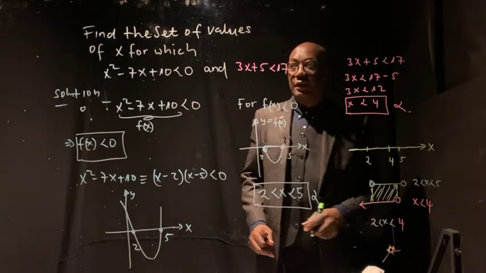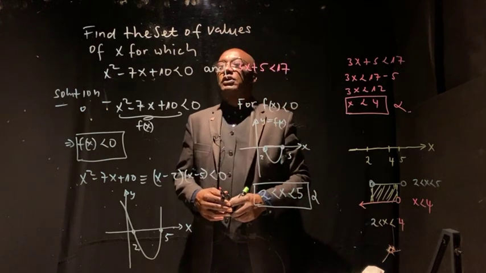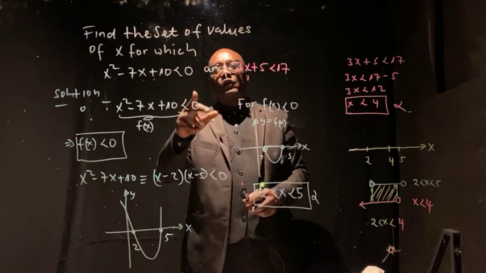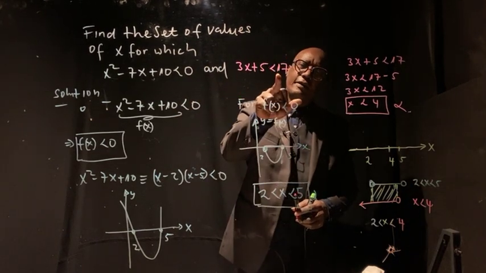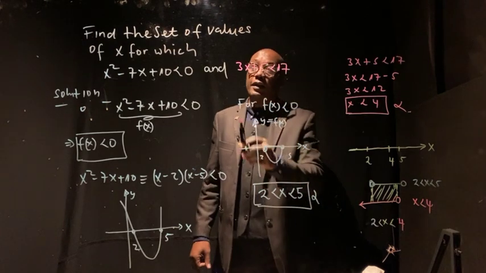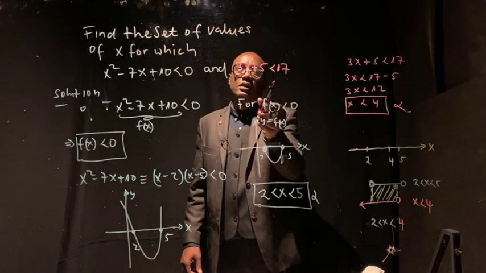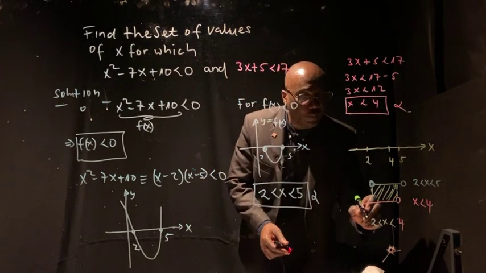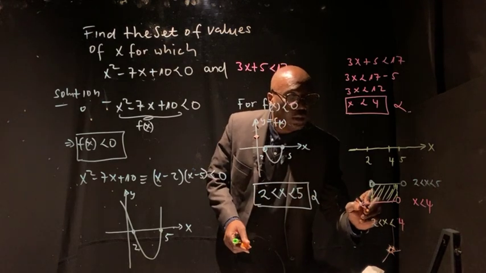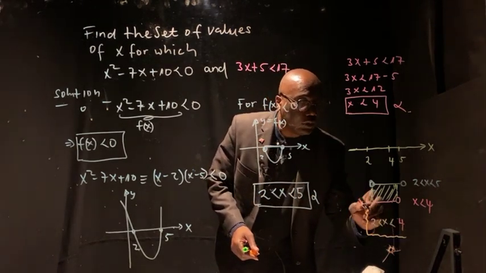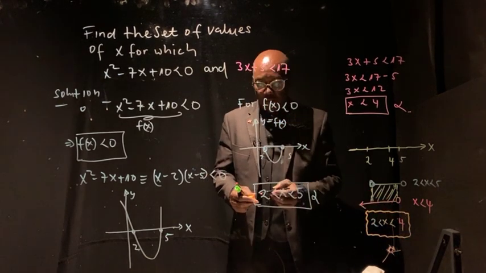So when the question says find the set of values of x for which x squared minus 7x plus 10 is less than 0 and 3x plus 5 is less than 17, then the set of values for which these inequalities are valid is this one. This is the overlapping region. This is what he is looking for, and therefore this is the answer.